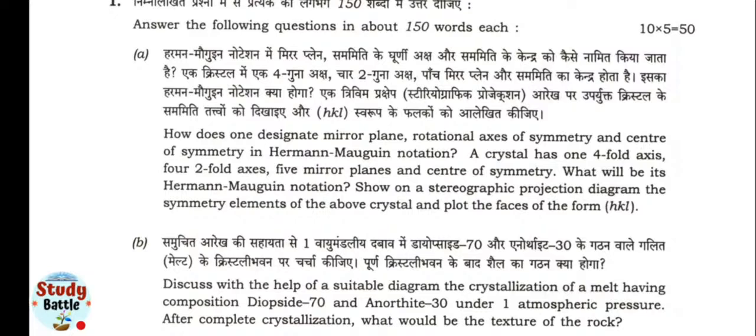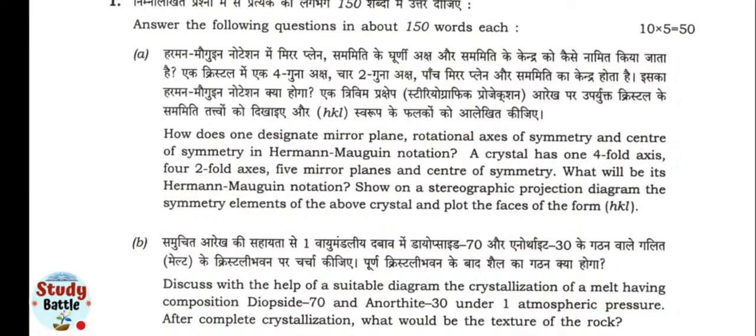You have to solve this, and also designate the mirror planes, rotational axes of symmetry as well as the center of symmetry in these symbols. You also have to show it on a stereographic projection. I don't think they will provide butter paper to draw the projection, so if it is not provided, you can draw it freehand in your answer booklet.